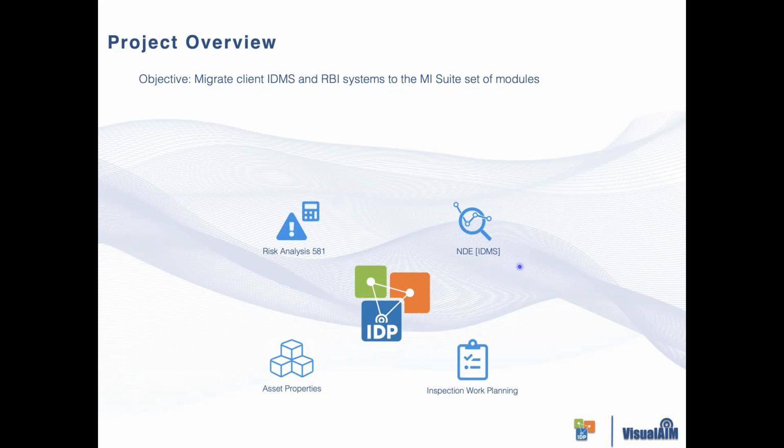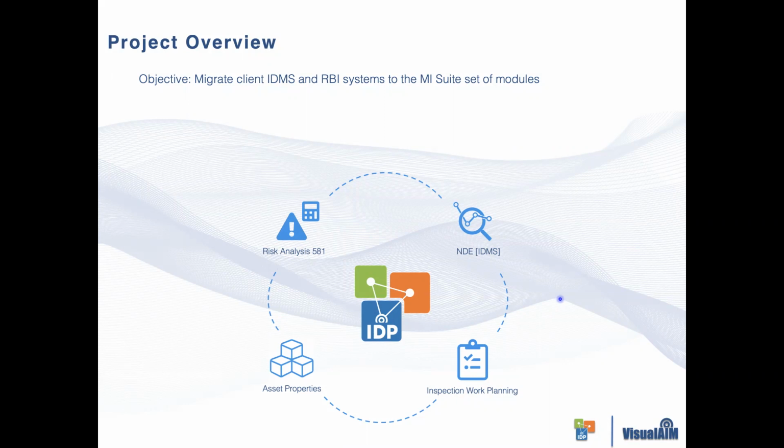So you basically eliminate one redundant system such that you only manage one program moving forward, and all of the modules are integrated. So in the original scenario, you've got 2 separate software systems that you've got to update individually, versus in VisualAIM, you've got a single unified solution that talks within its modules: you do the update on the NDE side, and it automatically talks over to the risk analysis in a streamlined fashion.